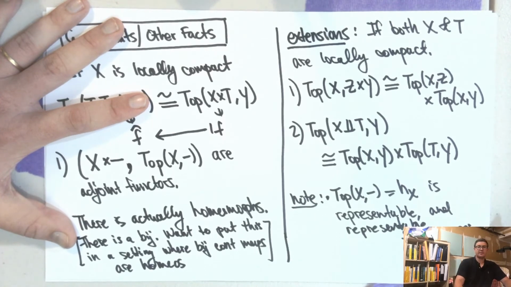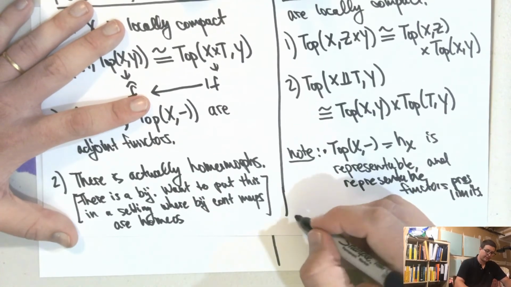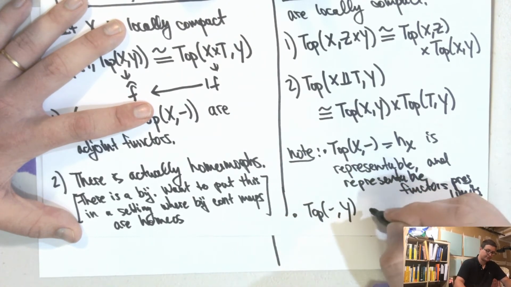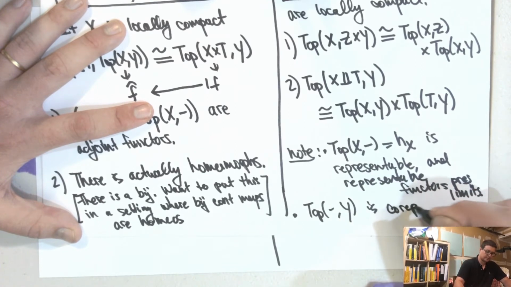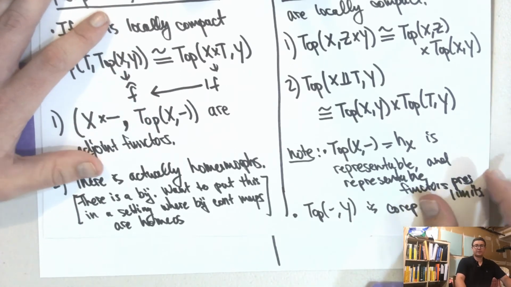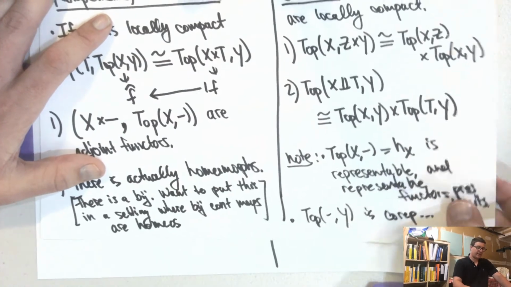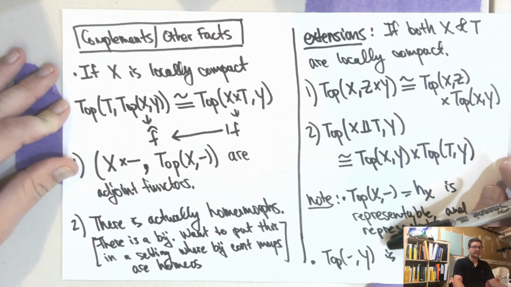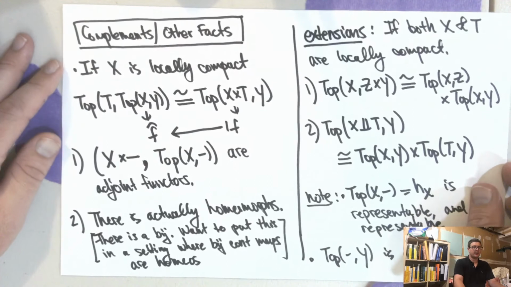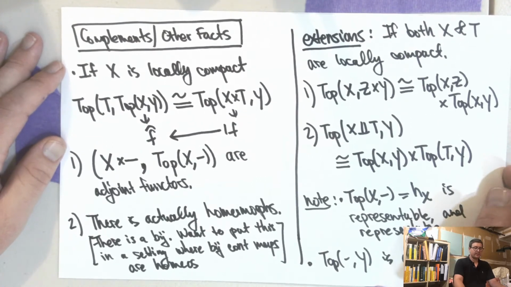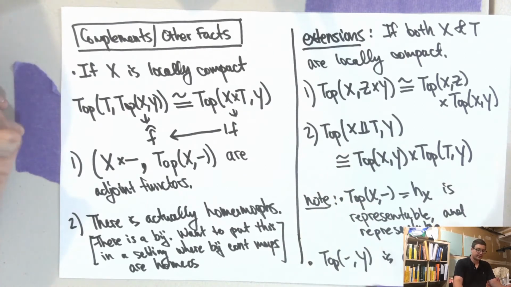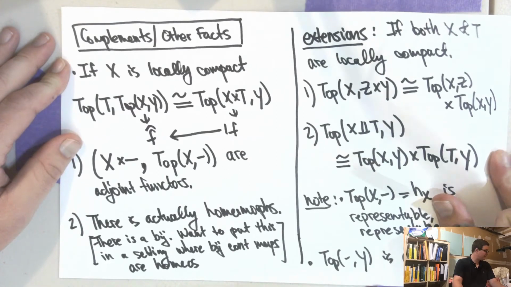And the product is a limit. Similarly, this thing here is co-representable, and so it should preserve co-limits. That's not a co-limit, so I guess it turns co-limits into limits. So it'll turn this coproduct into a product. Yeah, so that's all I want to say.